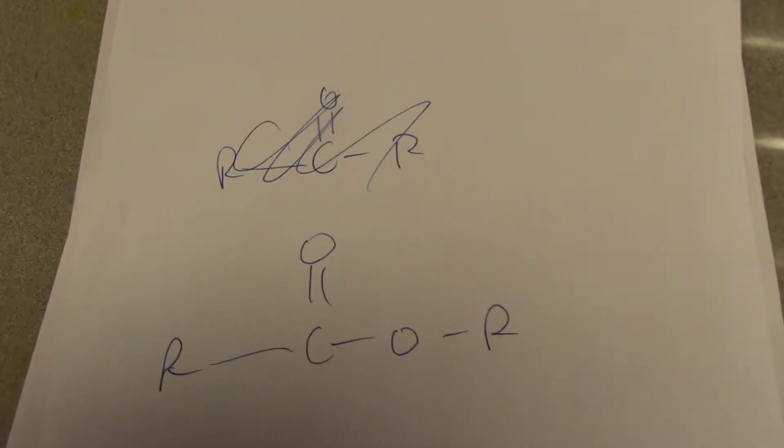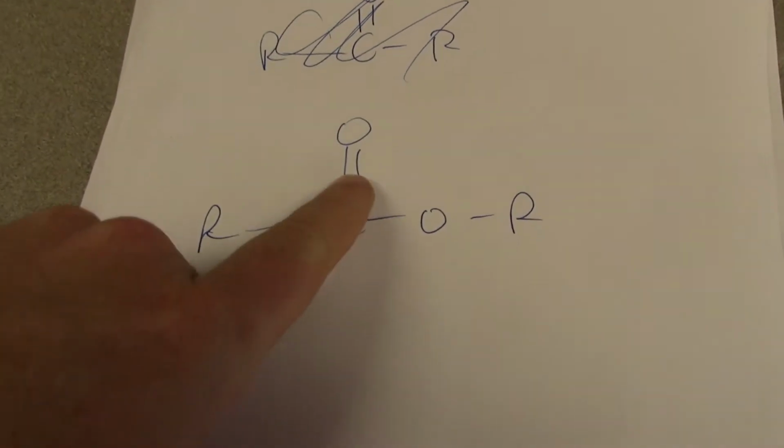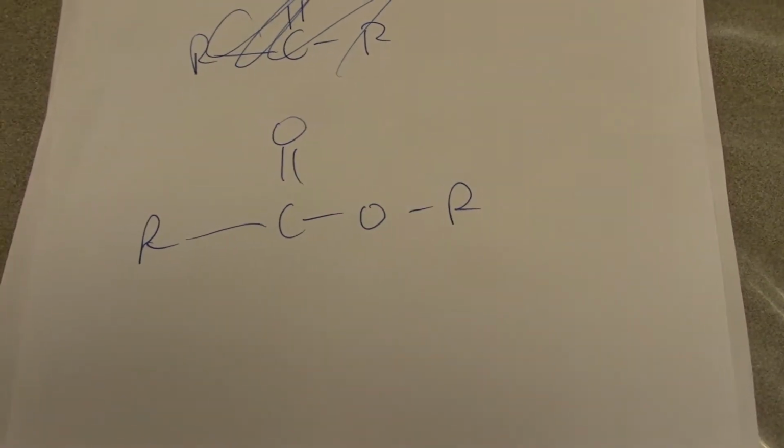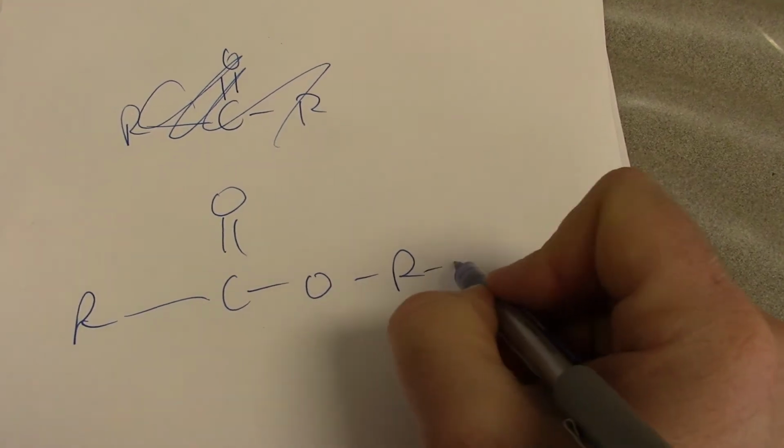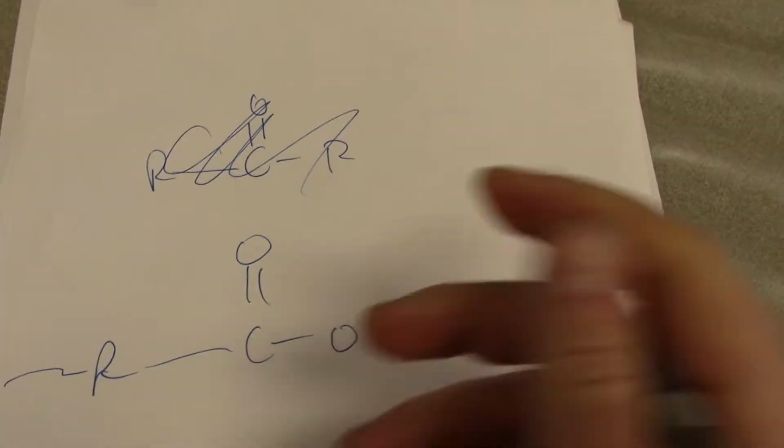So the functional group for an ester, sorry, that is incorrect. Okay, so the functional group for an ester is this, where we have a C double bond O, single bond O in the middle of two carbon chains. So this would be a carbon chain here, and this is a carbon chain here.